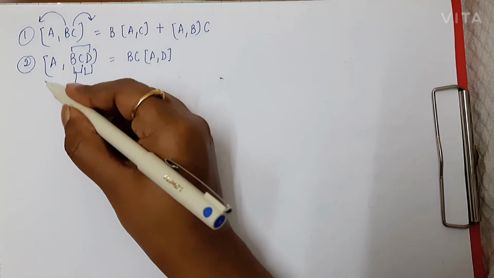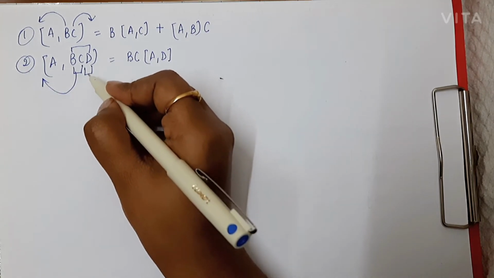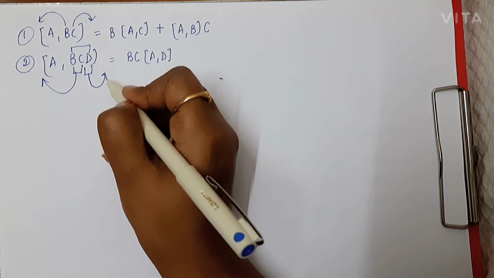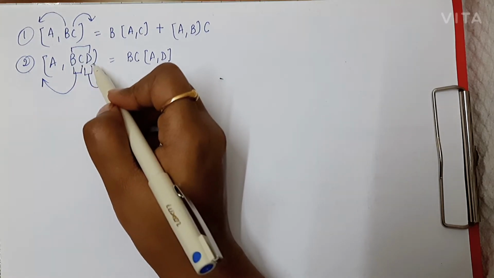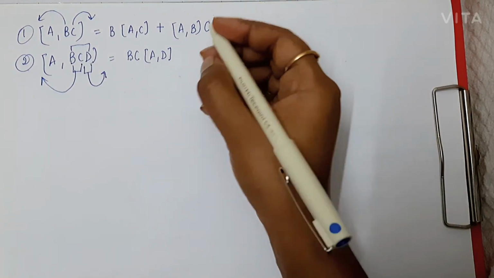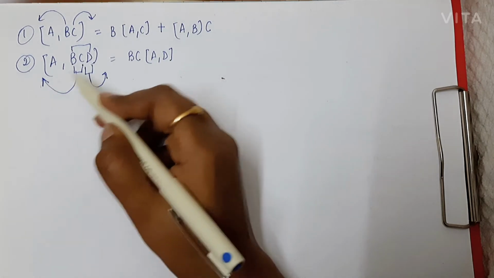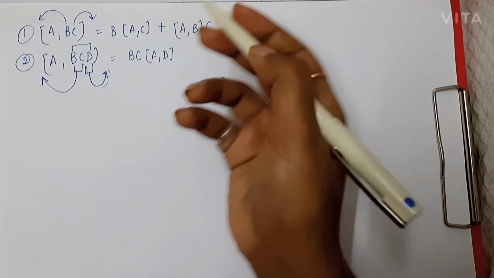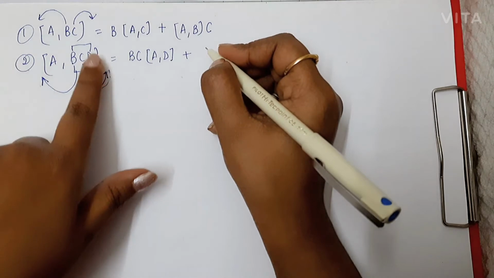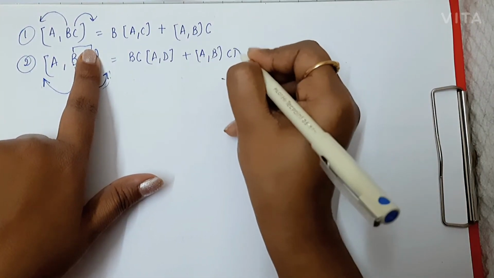B and C will come out to the left side. And then C and D will come out to the right side. B and D will come out towards left and right. How? I will tell you. So first I have taken BC to the left side, then I will take out CD to the right side. So if I take out CD, then I'll be left with A, B.